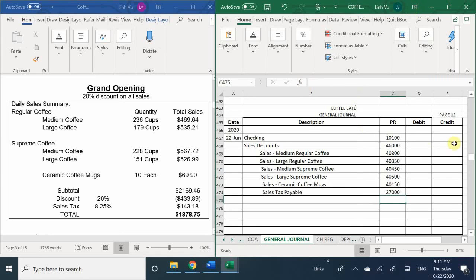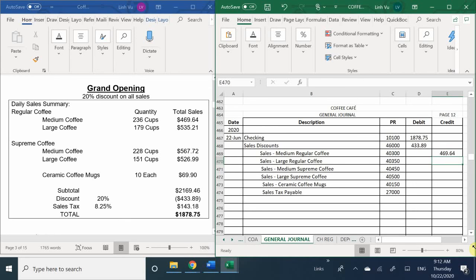And then for checking, we're gonna debit, the amount is 1878.75. Sales discount with debit of 433.89. For the medium regular coffee, 469.64. Could I just tell you the amounts straight down?